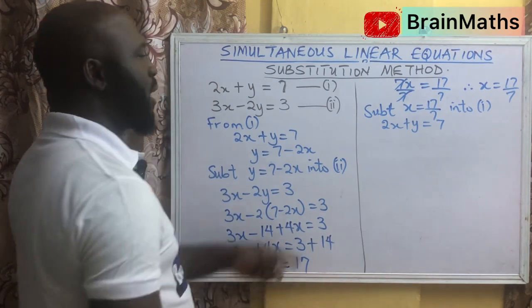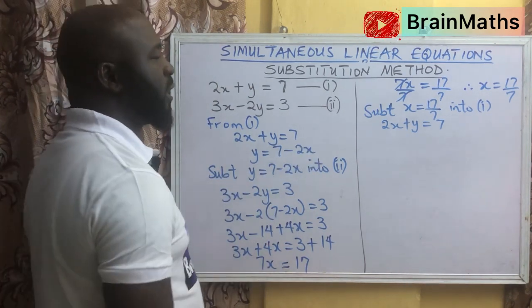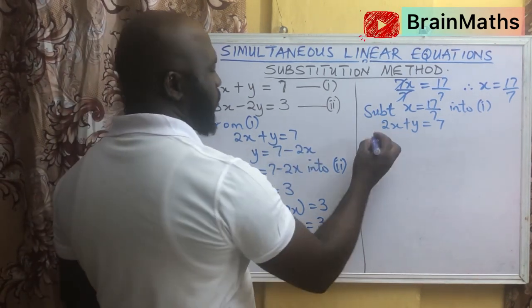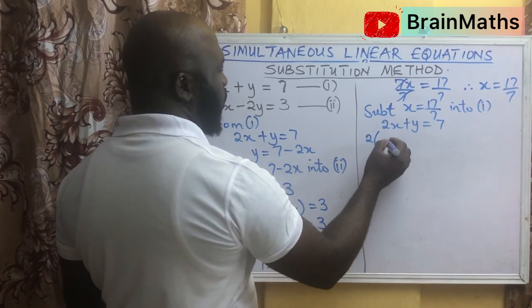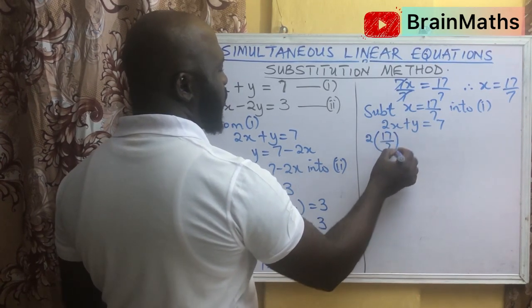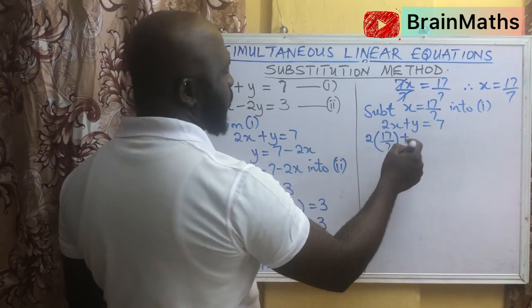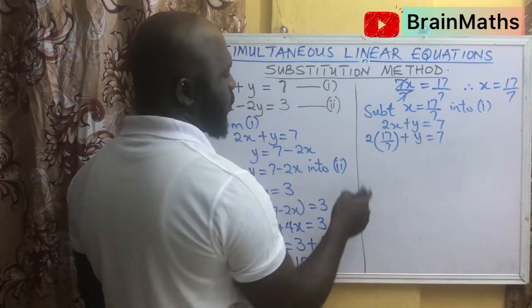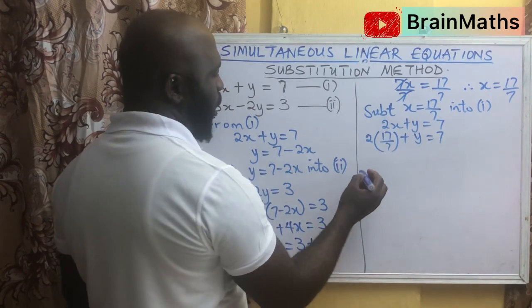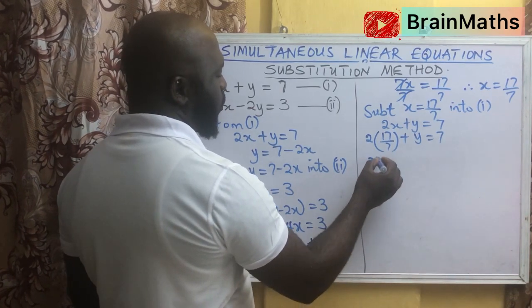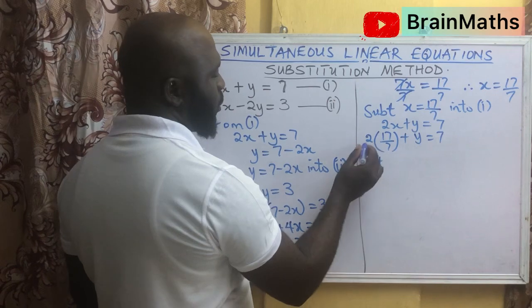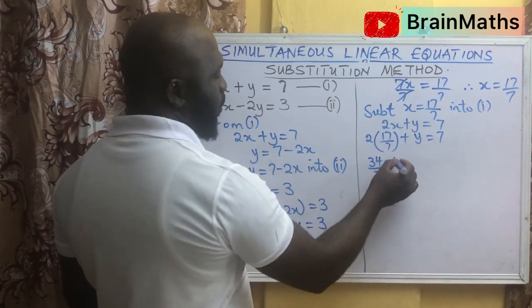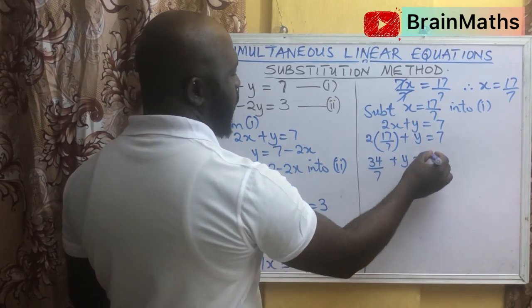So anywhere we see x now, we put 17 divided by 7. So we have 2 into 17 over 7 plus y equals 7. If you open this bracket, we are going to have 34 over 7, that is 2 times 17, plus y equals 7.